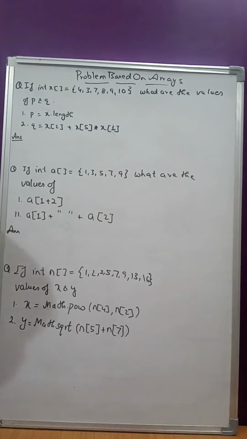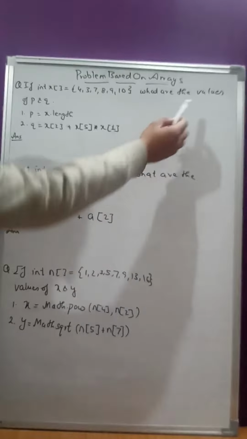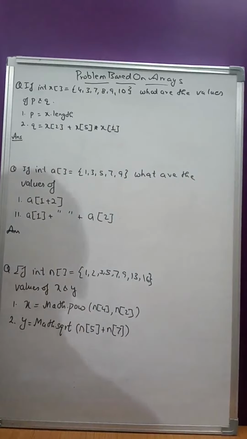Now we need to calculate the value of p and q, and the expressions for p and q are provided over here. I have just written the question, and now we will be solving it.